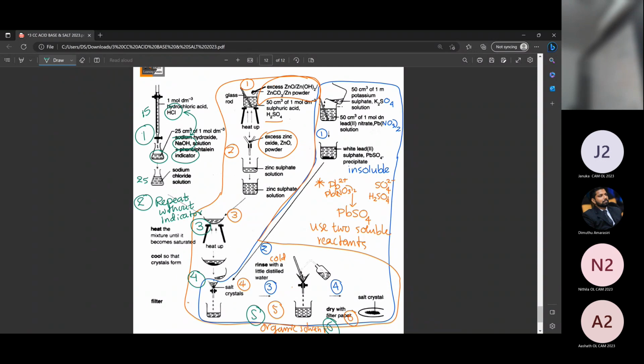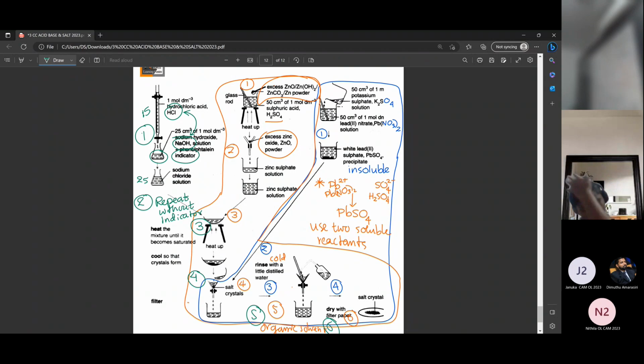Titration is carried out by using a burette to add HCl to the conical flask with 25 cm cube of sodium hydroxide solution until the phenolphthalein indicator changes color.